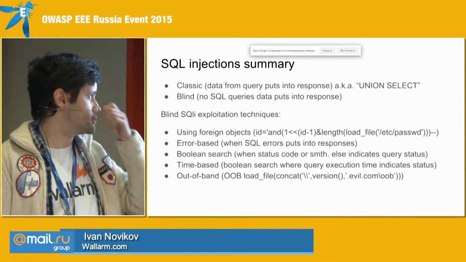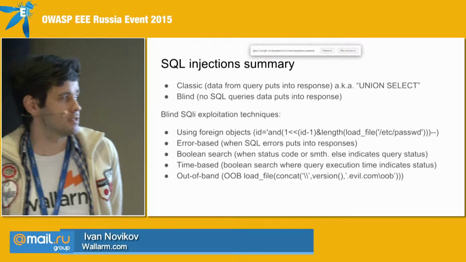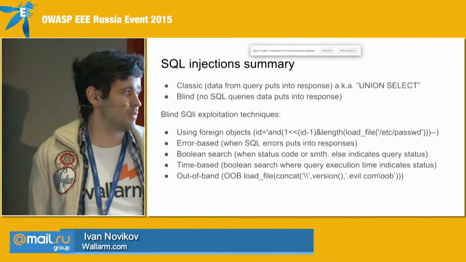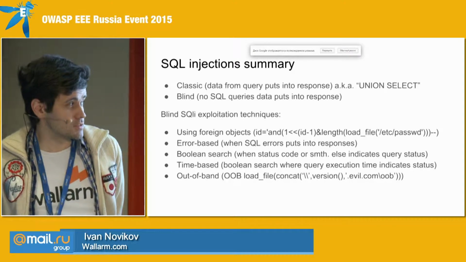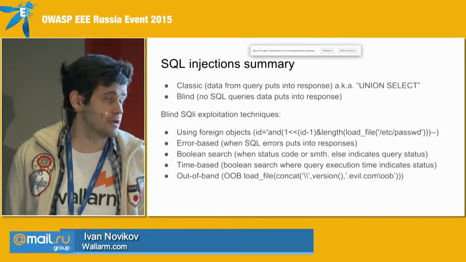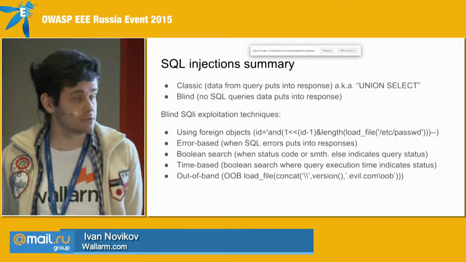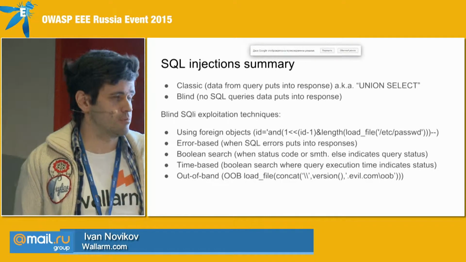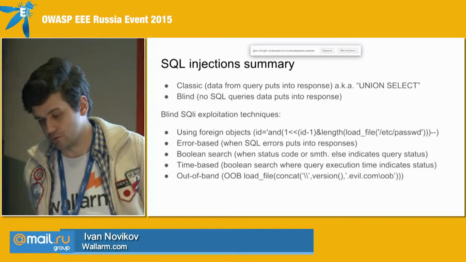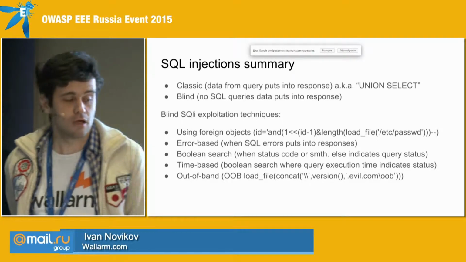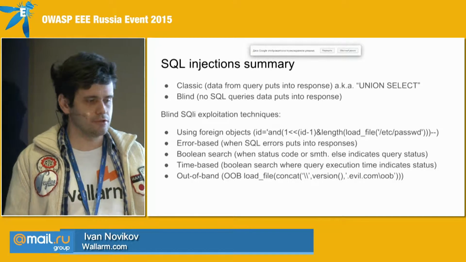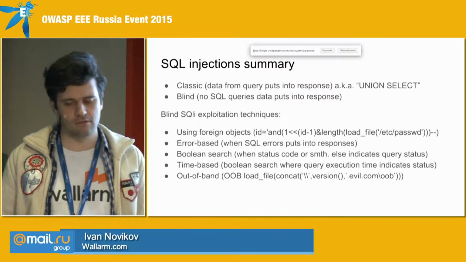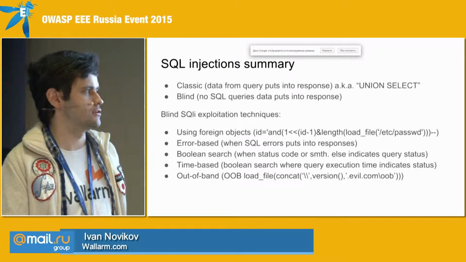And the last is the out of band way to exploit, and right now for MySQL there is only one way to do that. This is using UNC file names for Windows systems, and it works only for Windows, of course. You can put data, for example, into DNS queries and read it out of band by another data channel on your server.